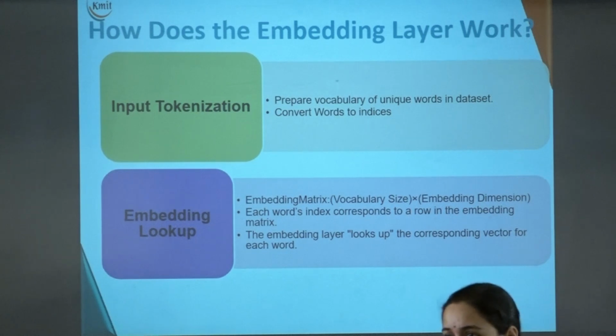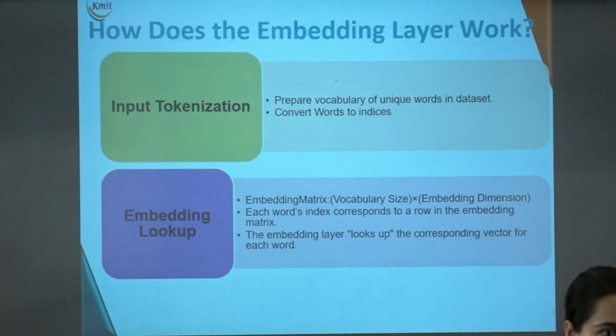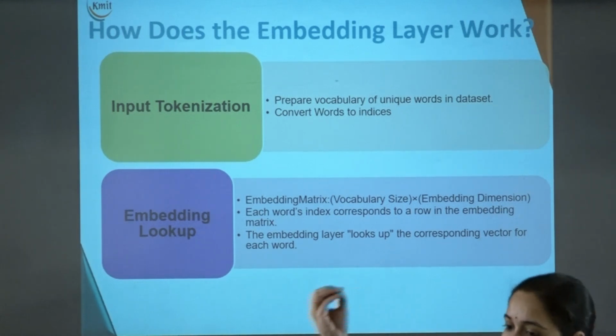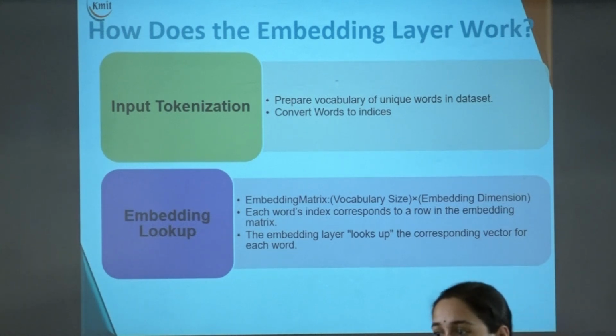It breaks it down, creates its own vocabulary, and then assigns indexes to it. Indexing starts from 0. So I will be assigned 0, am will be assigned 1, happy 2, today 3. Understood? So the first step is input tokenization, where you tokenize all the words present inside your text, create a vocabulary, and then start assigning indices to these tokens.